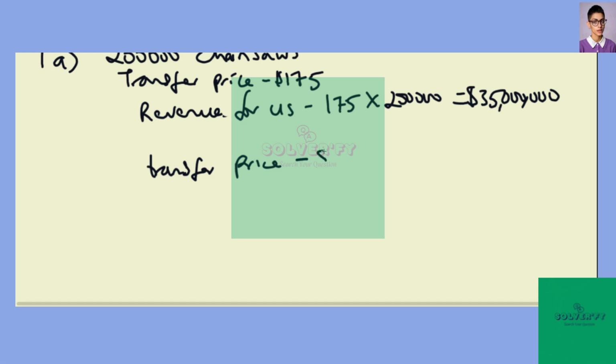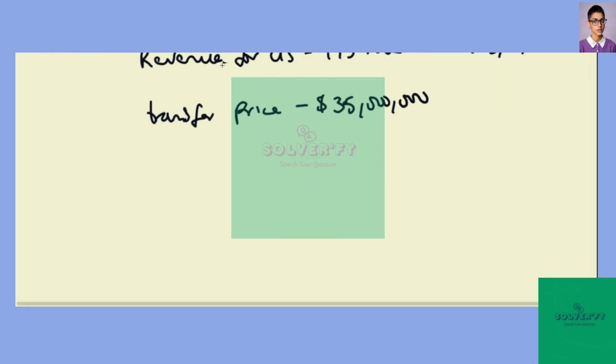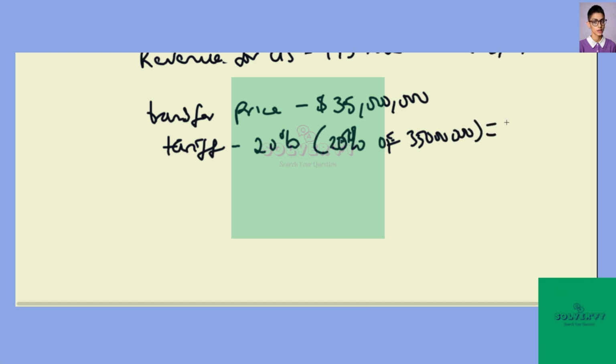of imports is $35 million, and it has a tariff of 20% on it. So that will be 20% of 35 million, and that equals 7 million.